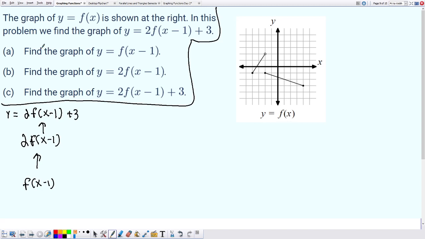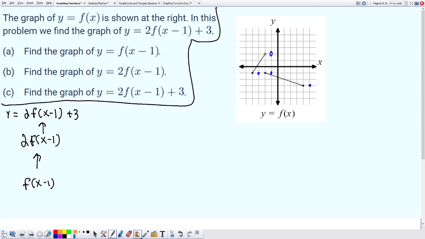Remember, it's a little weird because we think of the right on the x-axis as the positive direction, but it kind of works the opposite with your x values, so we're going to shift to the right 1 space when we have to subtract a 1. So for instance, this point here is shifting over 1 space. Shift each of the endpoints 1 space over on the x-axis.